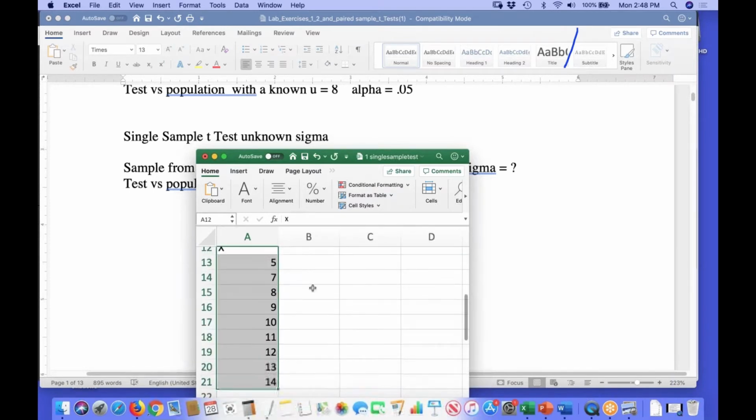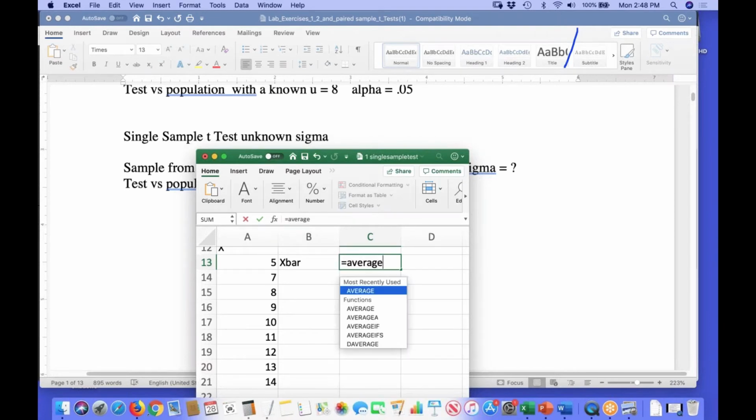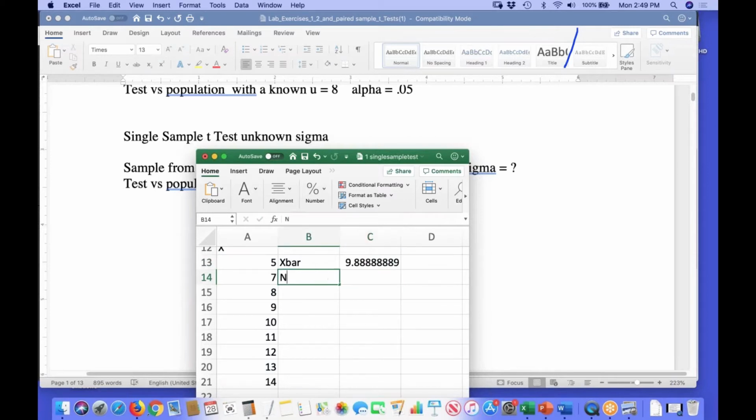Okay, so now x bar is equal to the average. We haven't changed anything, so it's going to come out the same. And our sample size is still 9.